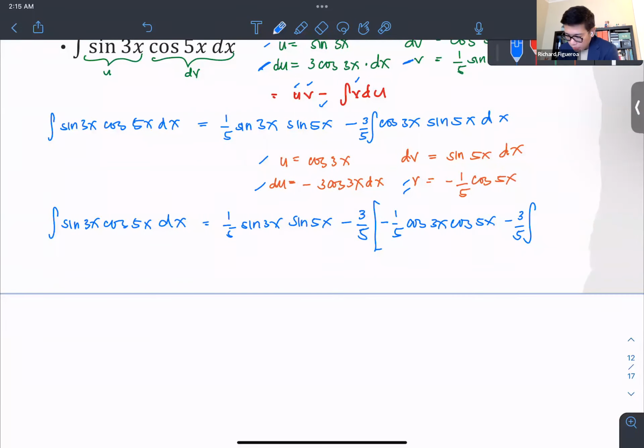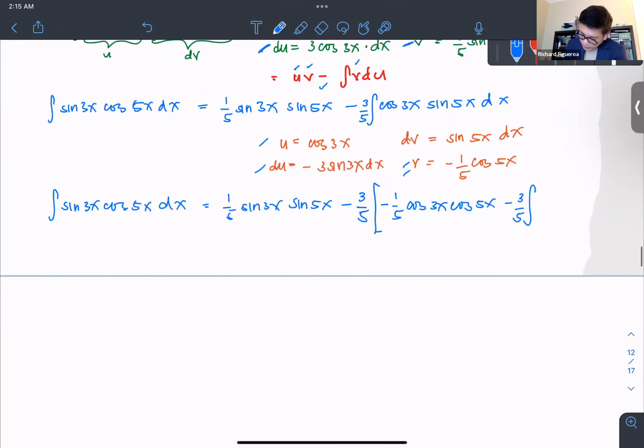I'm sorry, this should be sine: the negative 3 sine 3x dx. And then v du, so sine 3x times cosine 5x, so sine 3x cosine 5x dx.